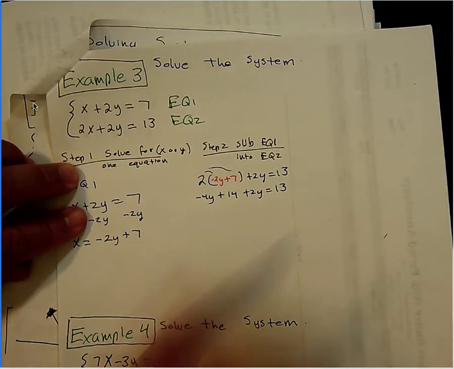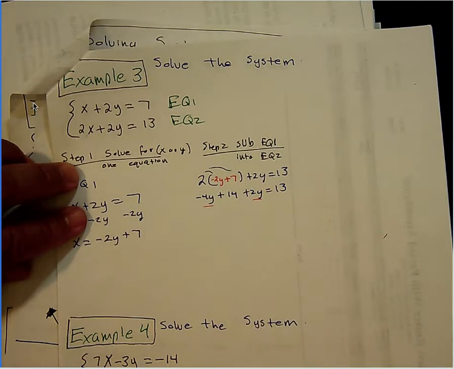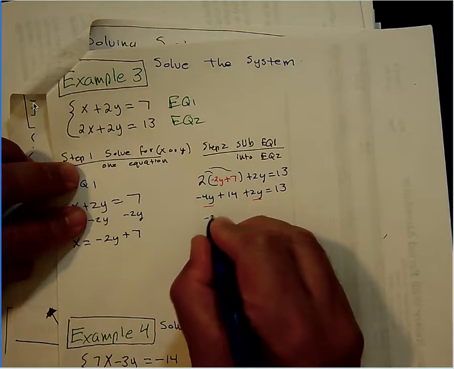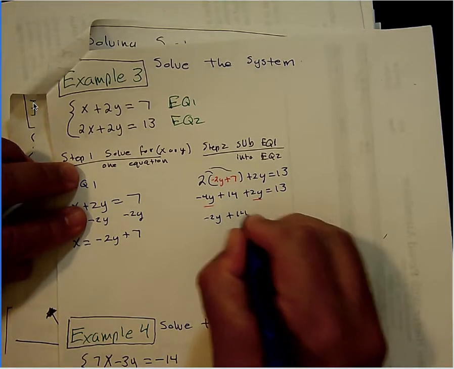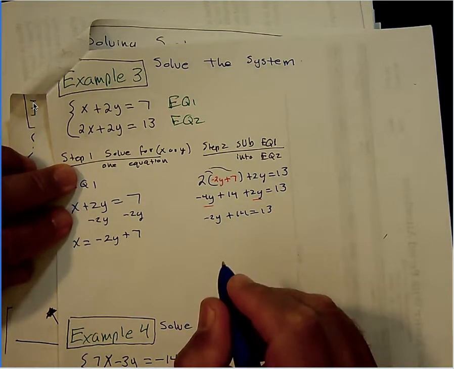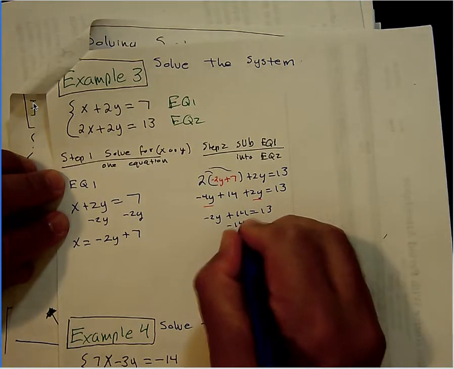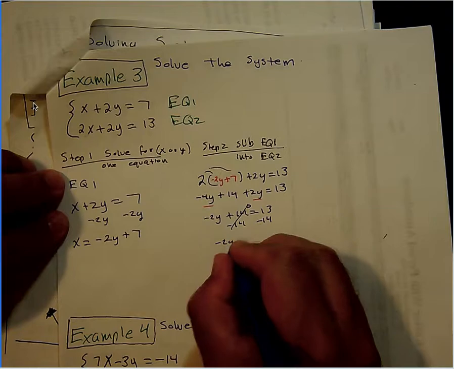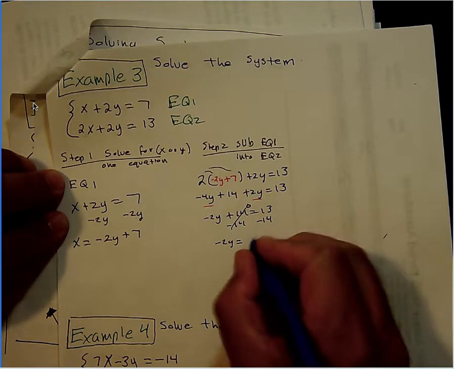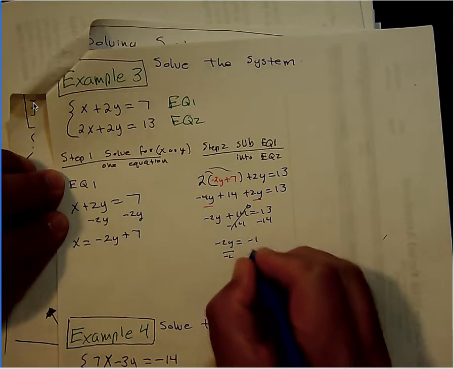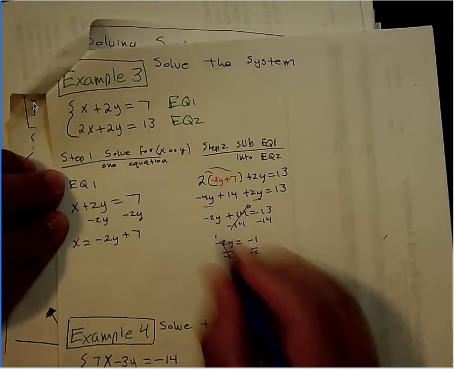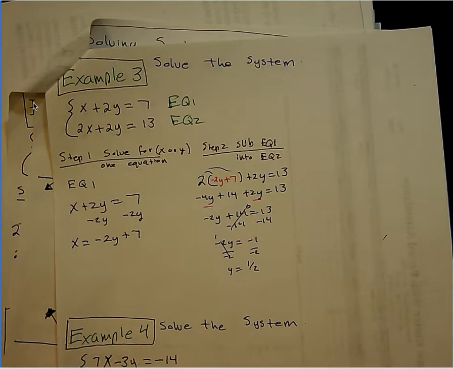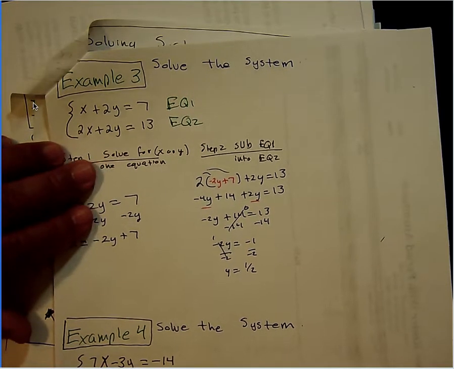Combine the like terms: negative 2y plus 14 equals 13. Negative 14, that's 0, so negative 2y equals negative 1. Negative 2 becomes 1, so y equals 1 half. So we found y, which is 1 half.